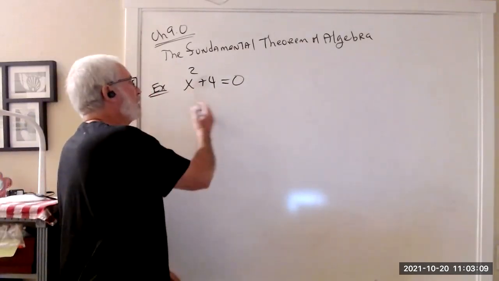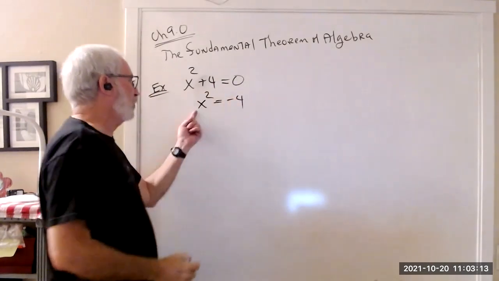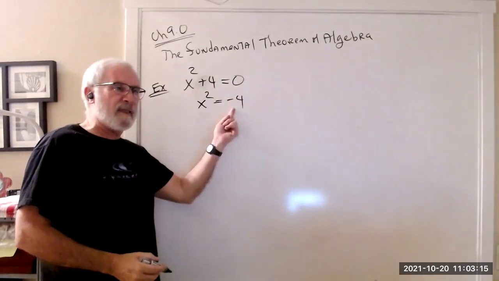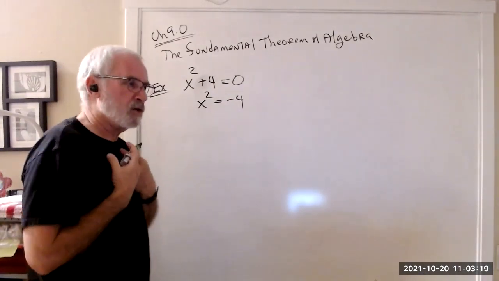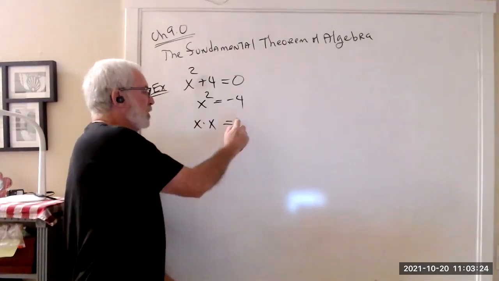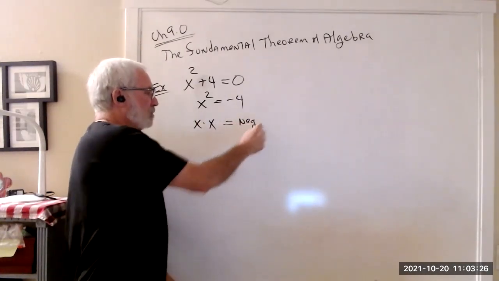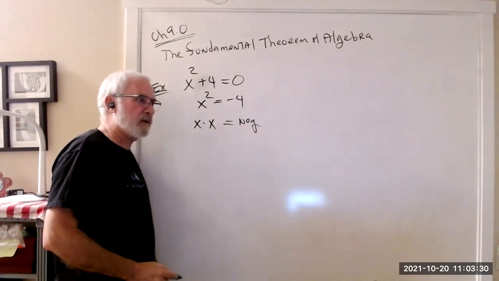Because if you take this, you get x squared equals -4. And from our arithmetic skill, we know that nothing times itself can equal a negative number. Nothing times itself can equal a negative number.